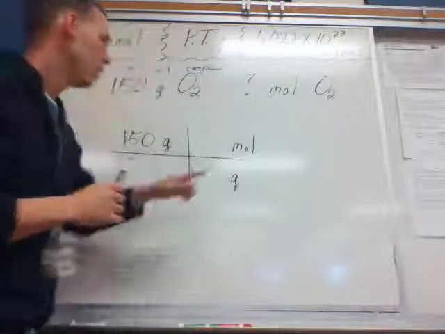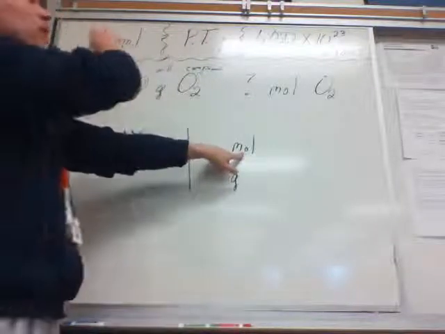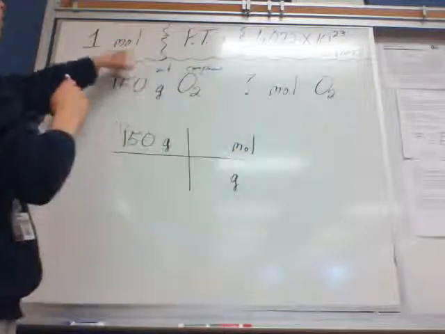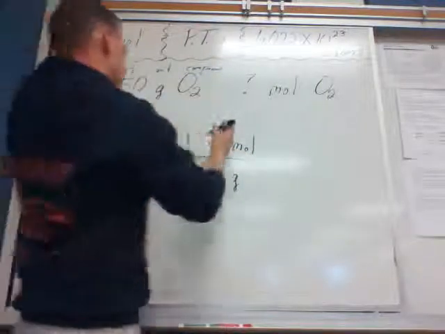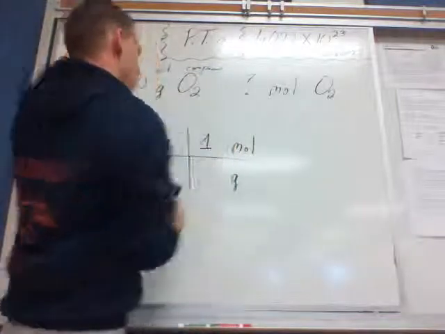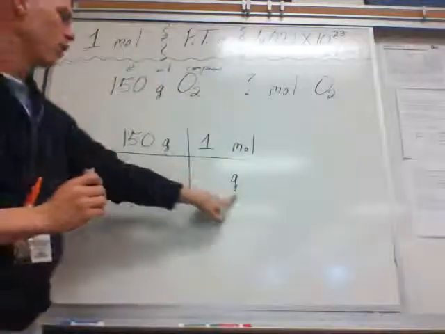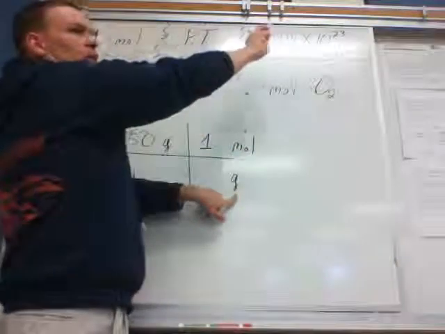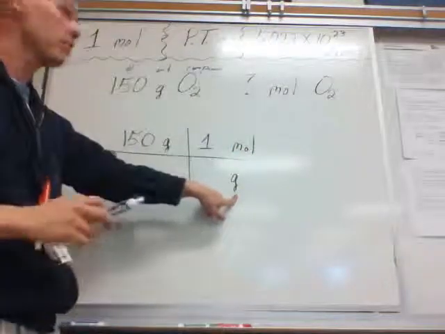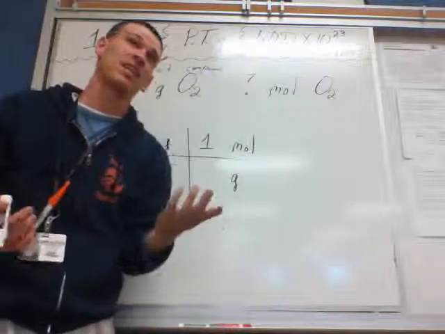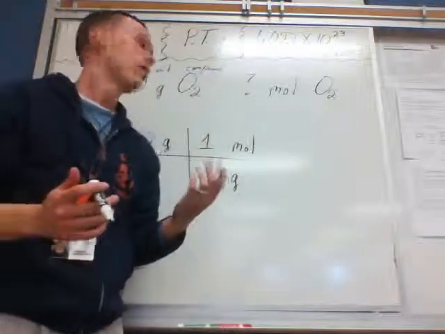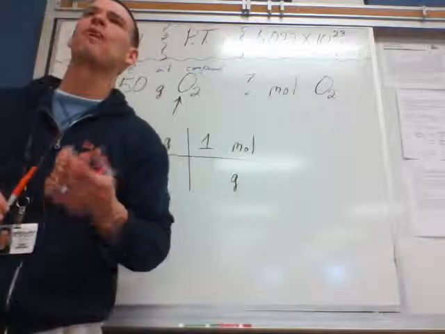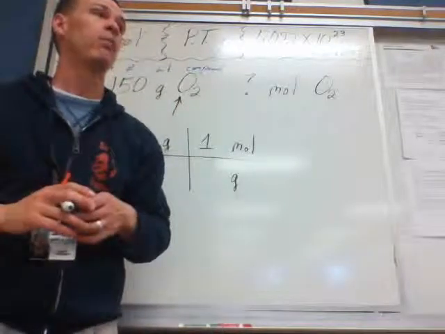You see moles? Find moles up there. What number is associated with moles? Grams. Find grams up there. What number is associated with grams? Well, it didn't give us a number. It says periodic table. See that guy right there? We need to go and find his mass on the periodic table.